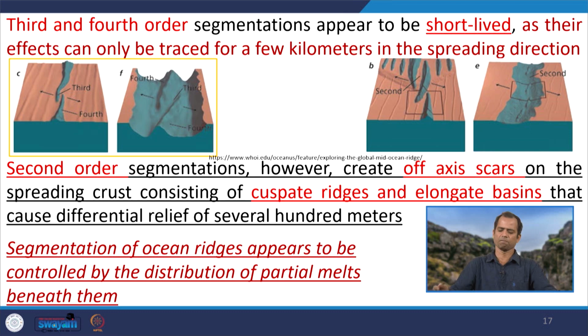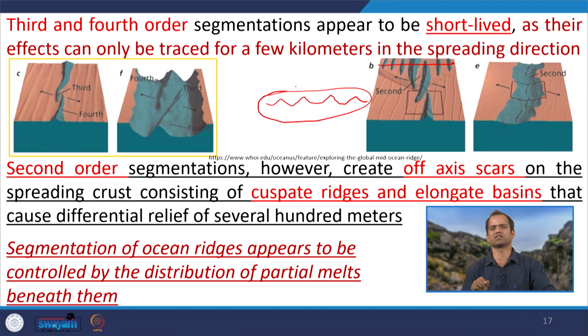If you see here, we have second order discontinuities. If you take a cross section from here to here, you will find this type of ridge and depression, ridge and depression. The ridges and depressions are nothing but abandoned overlapping spreading centers, and these represent the geomorphological variation across the mid-oceanic ridge system.